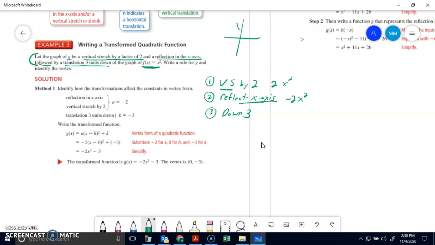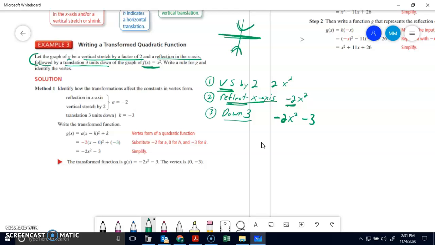Reflecting the x-axis is a vertical flip from up here to down here around the x-axis. So these are both vertical things. So these are both outside of a parentheses. And then down 3, so take your reflection and your stretch of that function and move it down 3.